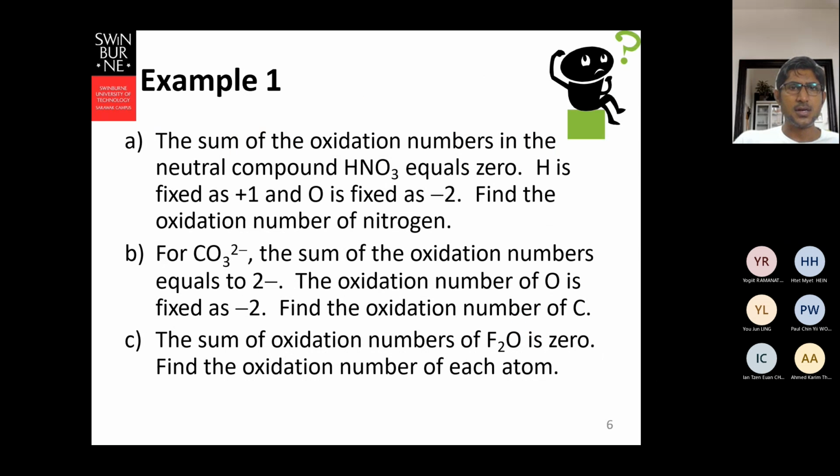Now, as we have understood how to find the oxidation state, let's find the oxidation state for some of these compounds: nitric acid, carbonate ion, and F2O, difluoroxide.